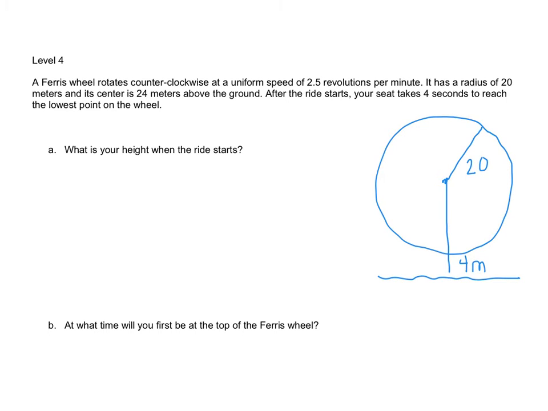After the ride starts, your seat takes 4 seconds to reach its lowest point on the wheel. So this time, it takes 4 seconds to reach the lowest point. Before, we were talking about it taking so many seconds to reach the highest point. Let's look at our picture here.